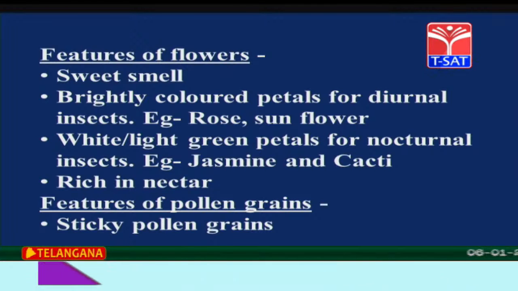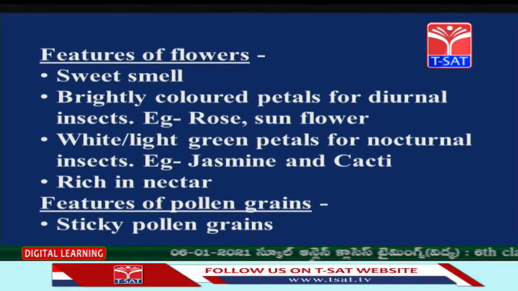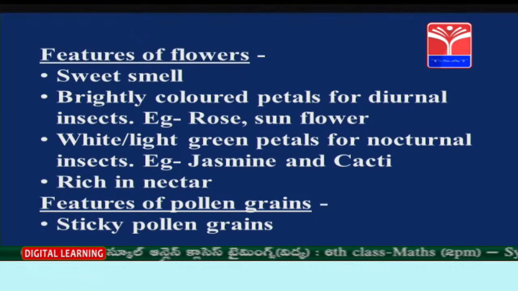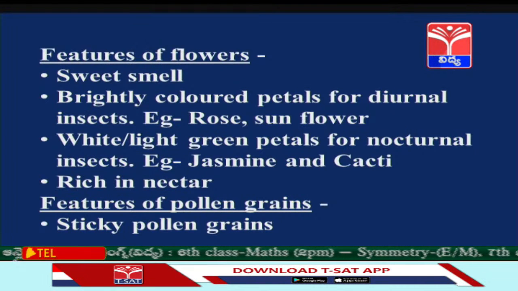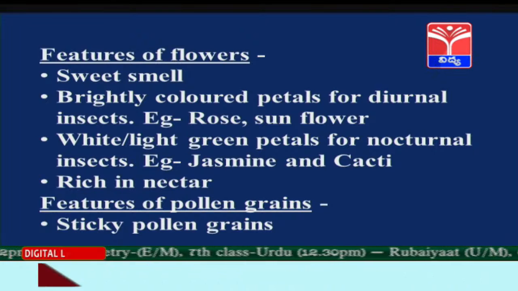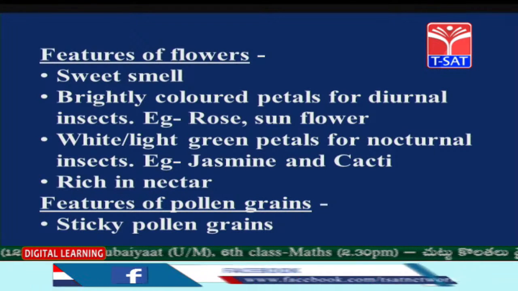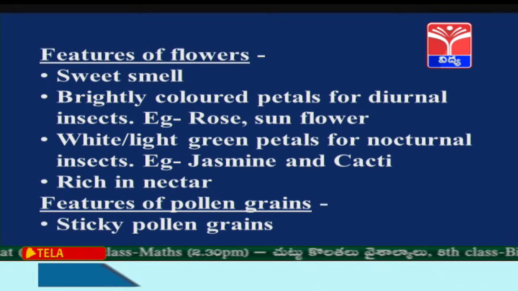In which plants will it be present? Rose, sunflower, etc. And the next one is white or light green petals should be present for the nocturnal insects. Nocturnal insects means those that move during the night time. Examples, jasmine, cacti, etc. And the flowers should be rich in nectar.